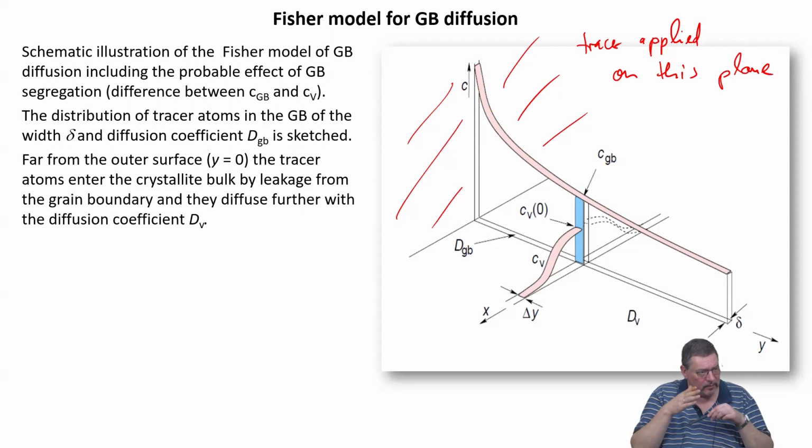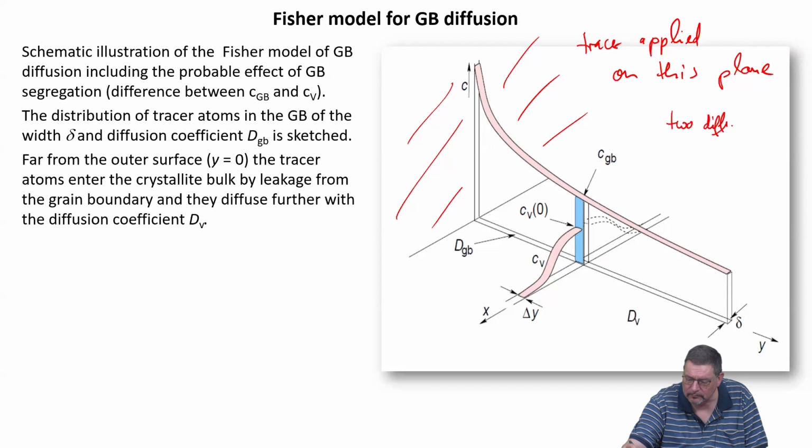there is always also out diffusion from the grain boundary plane into both adjacent crystals, right? And this is taken into account in the Fisher model. Basically, we have to then take into account 2 diffusion fluxes. One along the grain boundary plane.